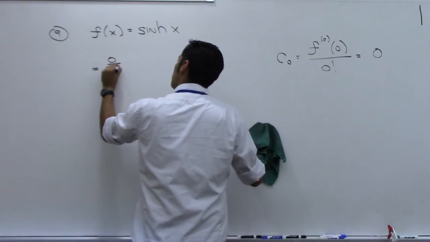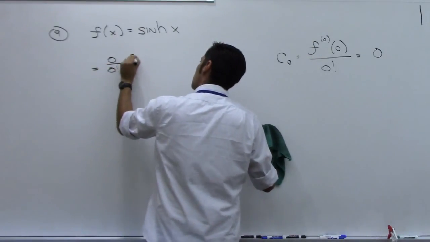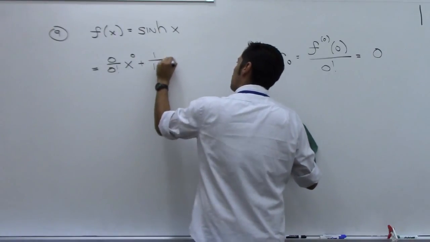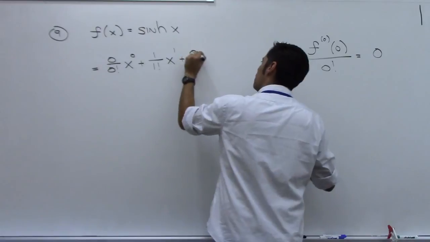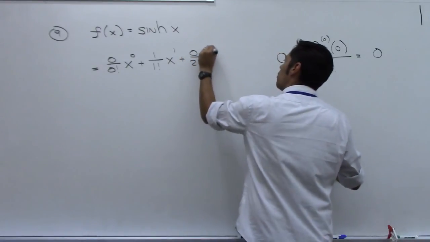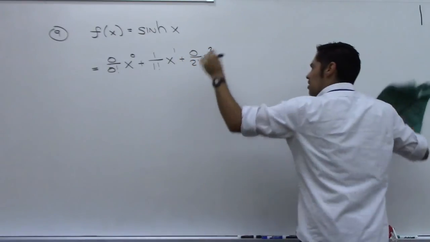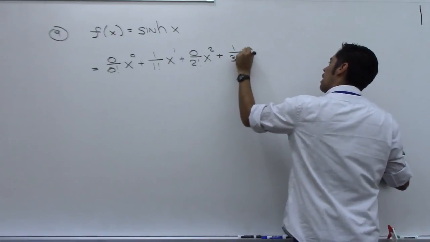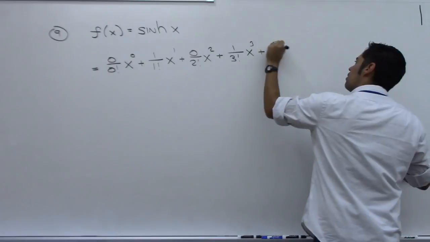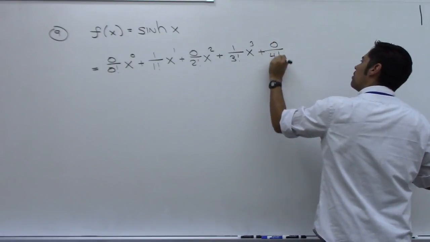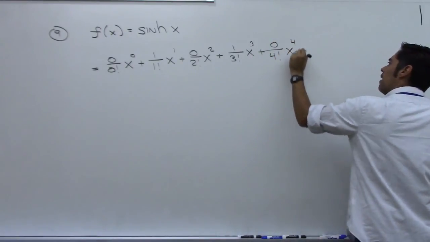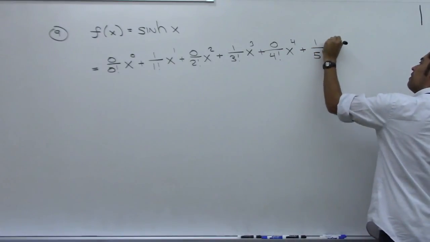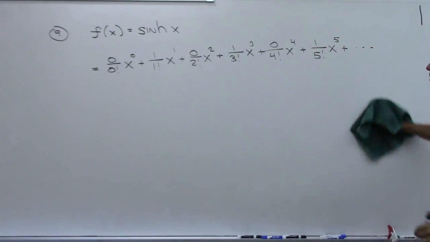0 over 0 factorial x to the 0 plus, now this time we're going to get a 1 over 1 factorial x to the first plus this time a 0 over 2 factorial x squared. And we keep on getting 1s and 0s. So 1 over 3 factorial x to the third plus 0 over 4 factorial x to the fourth, and then plus 1 over 5 factorial x to the fifth plus dot dot dot.